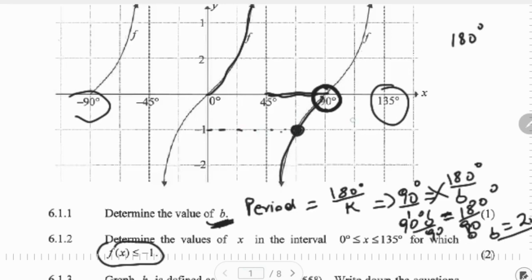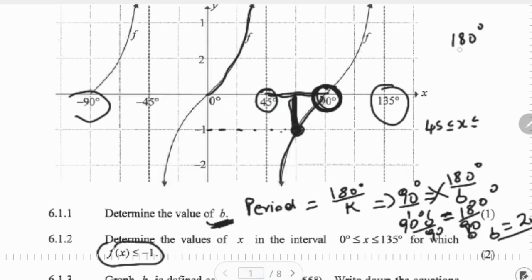So that means we know that x will definitely be between 45 and some number. What would be that number? It's this number here, all the values just before -1. So what is the number exactly in the middle of 45 and 90?